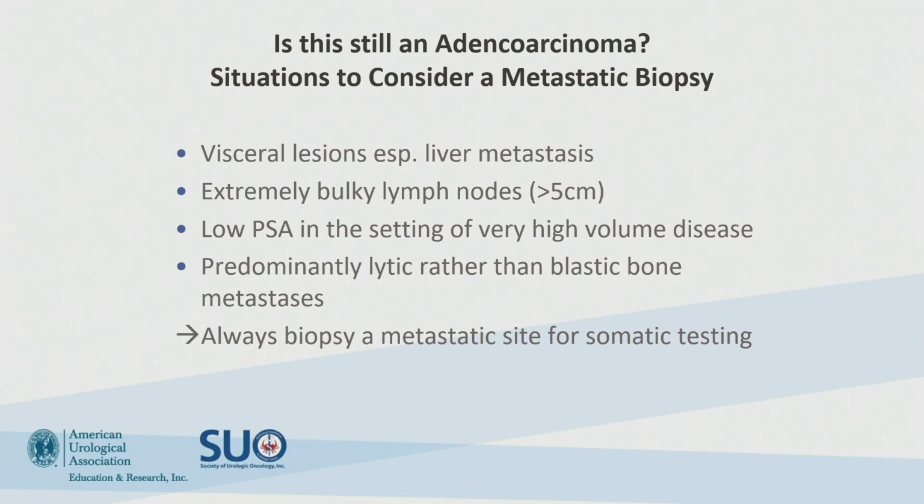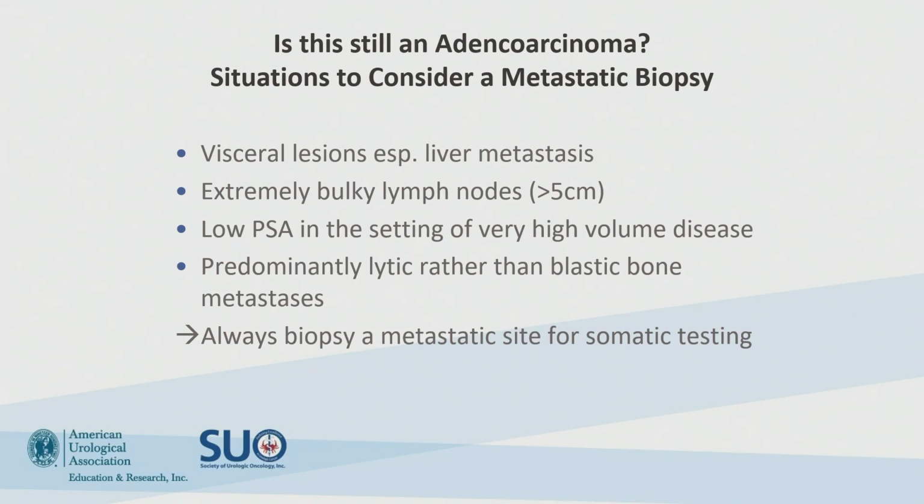Also, if we see a disconnect between the PSA level and the burden of cancer. When we have a low PSA and a lot of cancer, we definitely think that maybe this is not a tumor that's being driven by the testosterone pathway, because typically testosterone activates receptors, those androgen receptors, which go into the nucleus and express the androgen response element portions of the DNA. And that testosterone causing the ARE to be expressed is what produces PSA.